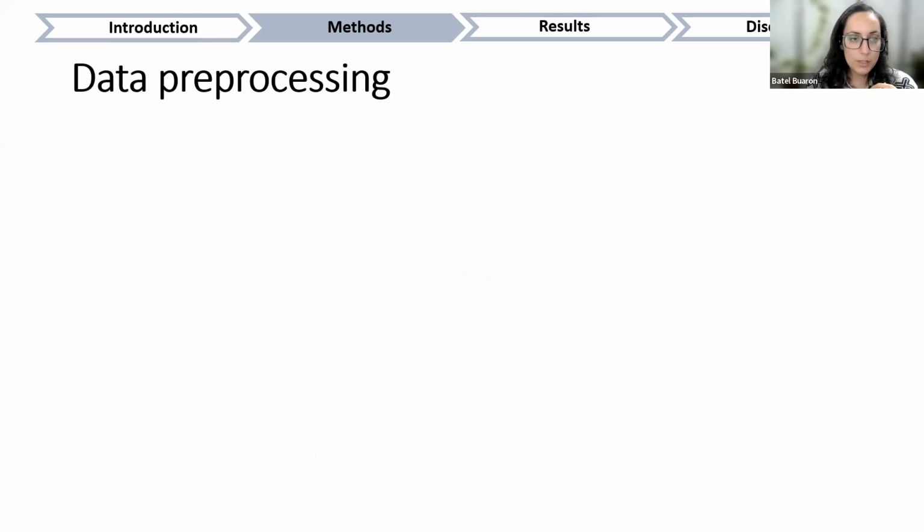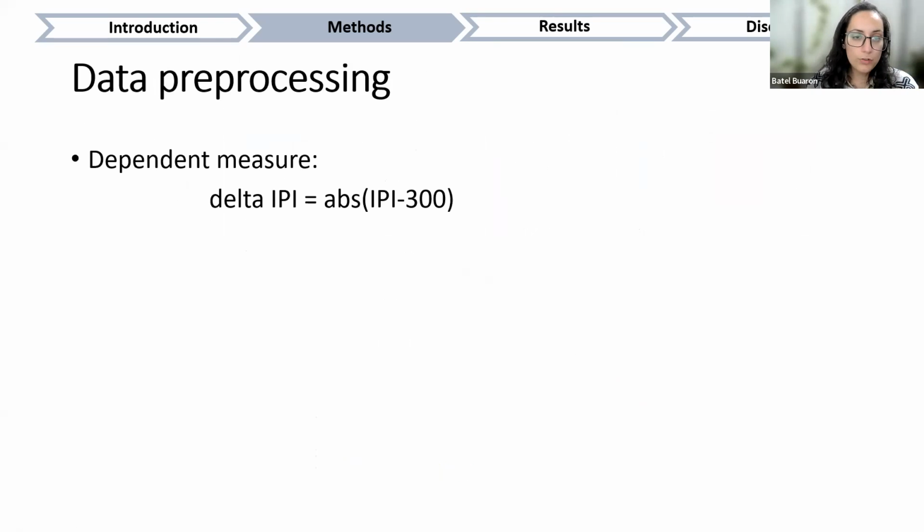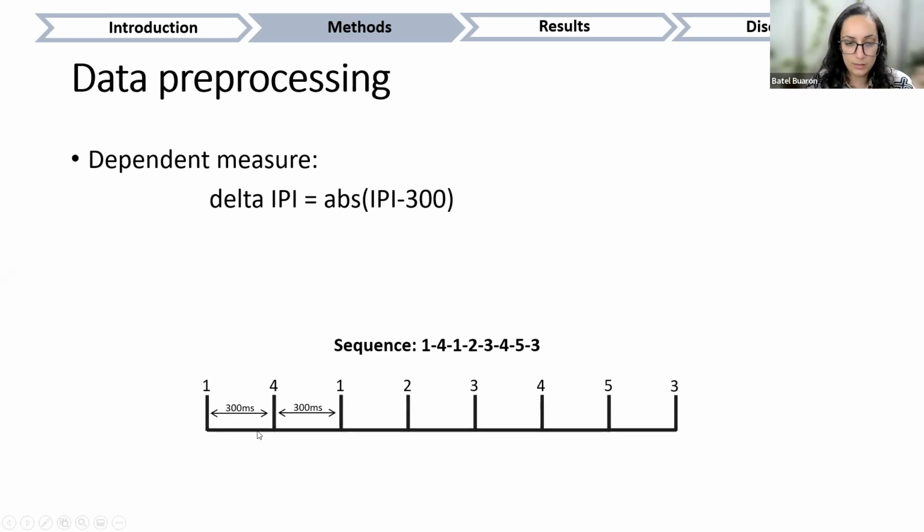So our dependent measure, we call it delta IPI, was the actual difference between each note of participants, so between the first and the second note, relative to 300 milliseconds, which is the goal difference. And we took this in absolute value, so we want to look at the magnitude of the difference, but we don't care if they are too fast or too slow. So for example, if they had to play this sequence, perfect performance would look like this with a constant 300 millisecond difference, but participants are not perfect.